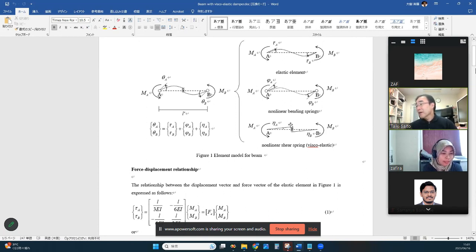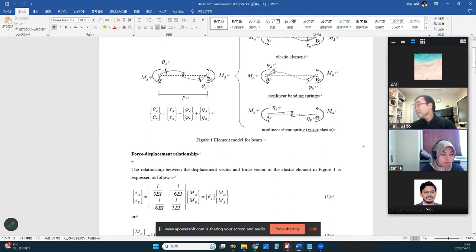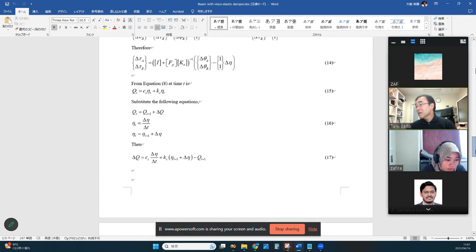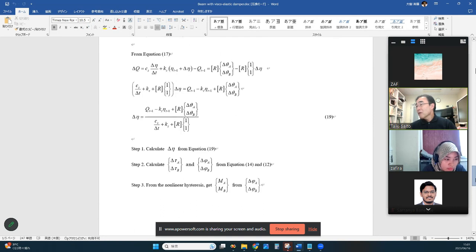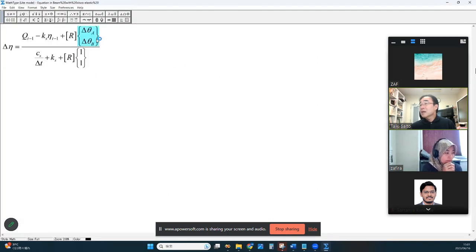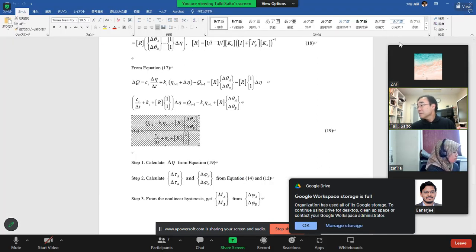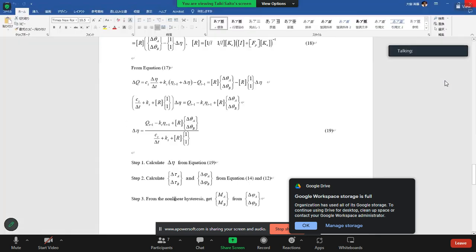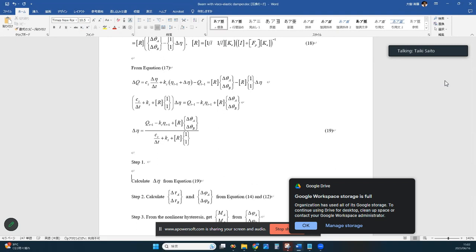So this velocity, we must establish incremental form step by step by computer. So I will go back to the final one. Actually, before step 1, maybe this is step 2.